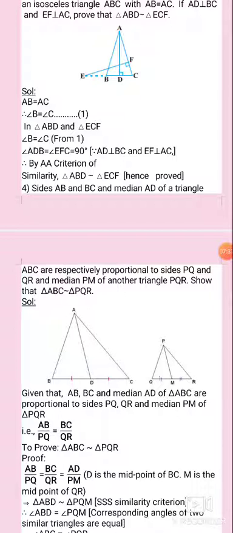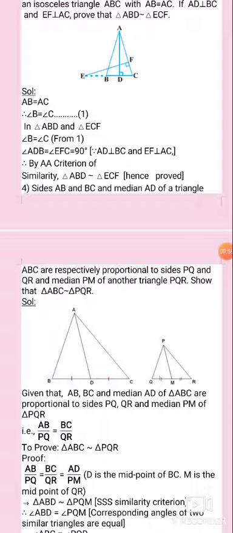Now given that AB, BC and median AD of triangle ABC are proportional to the sides PQ, QR and median PM of triangle PQR. That is, AB by PQ is equal to BC by QR.